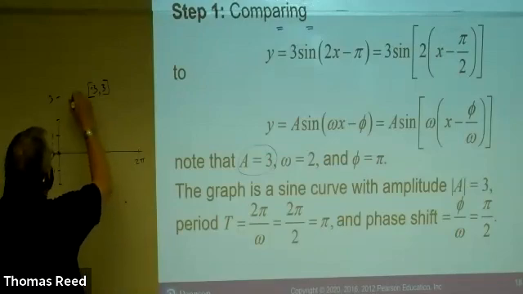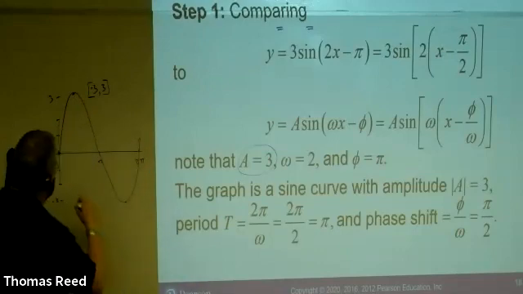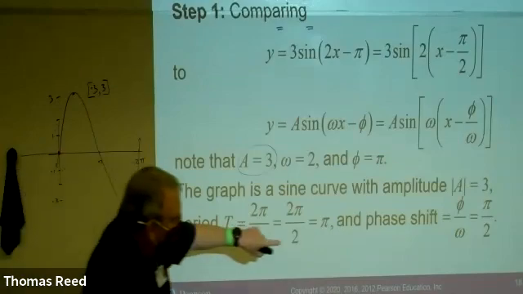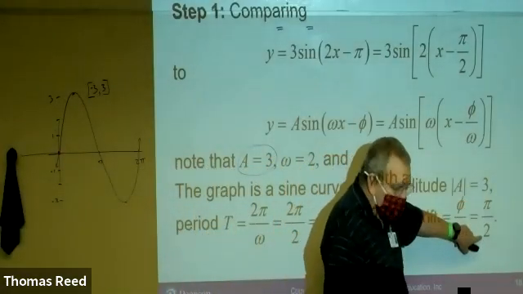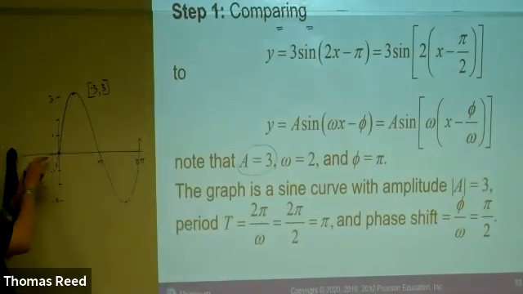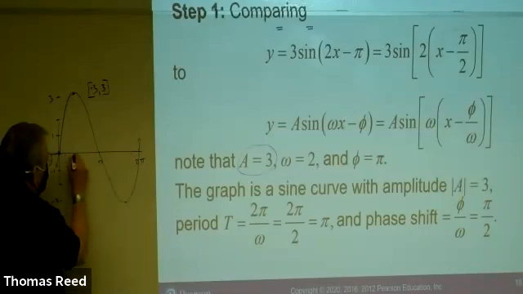So it goes like this. But I'm shifting it half a pi. So I'm shifting the x values half a pi that way. So this got moved over to here.